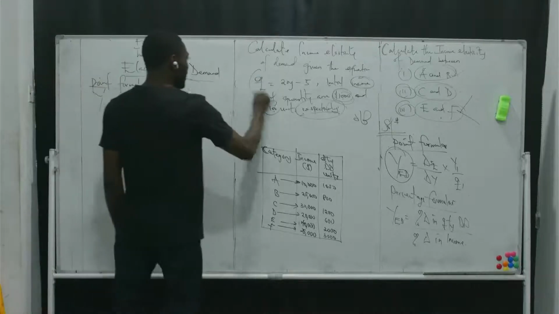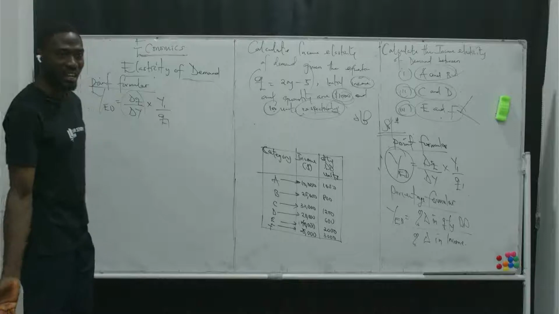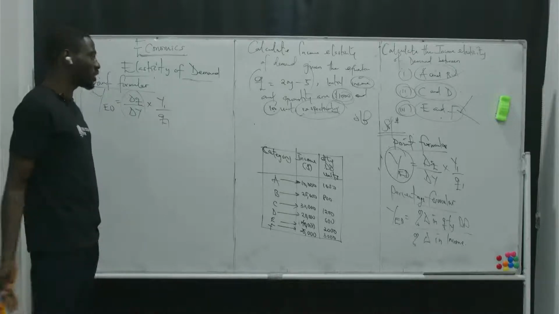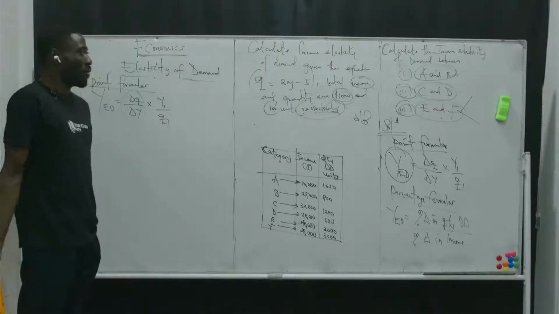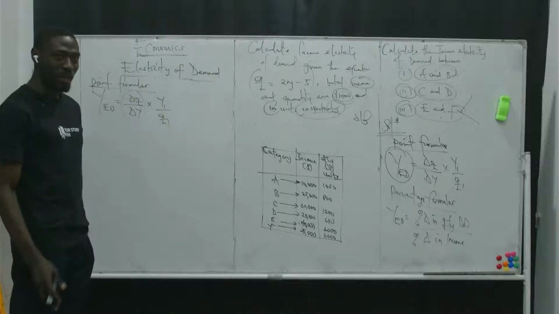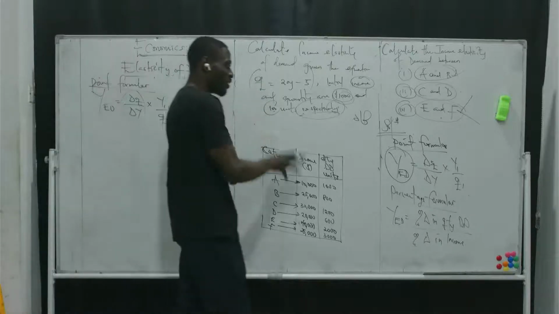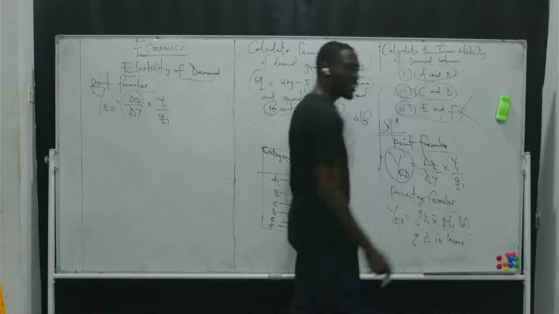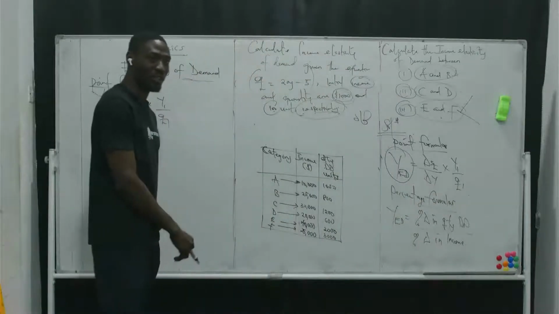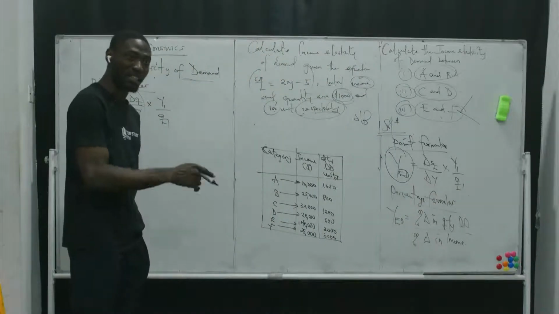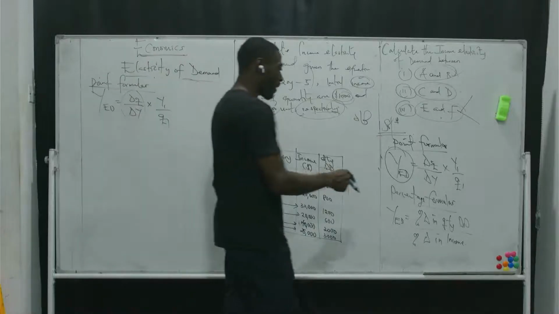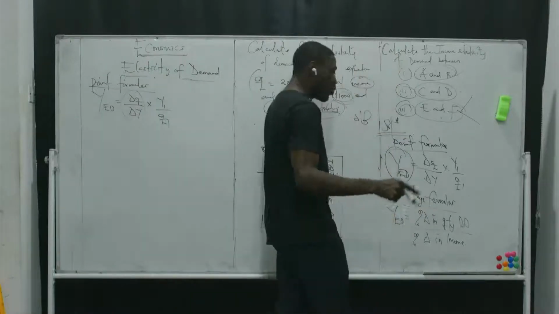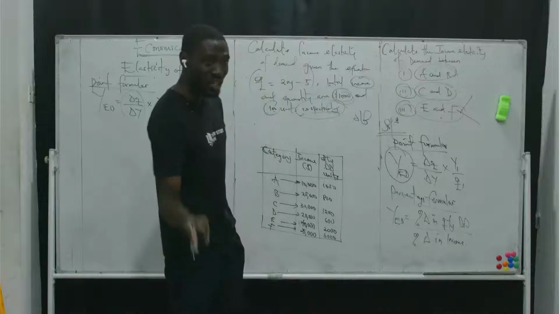They gave me an equation, Q equals 20y minus 5. So what am I supposed to do? In this kind of scenario, you cannot apply the percentage formula, because in your percentage formula you need the old and the new.